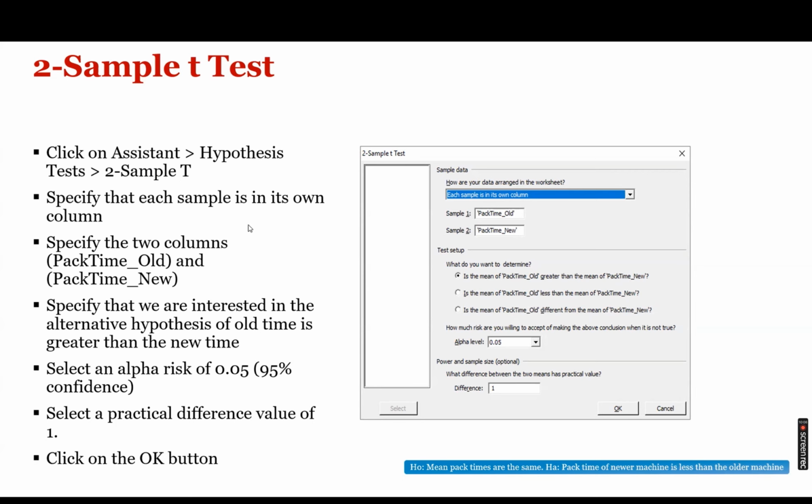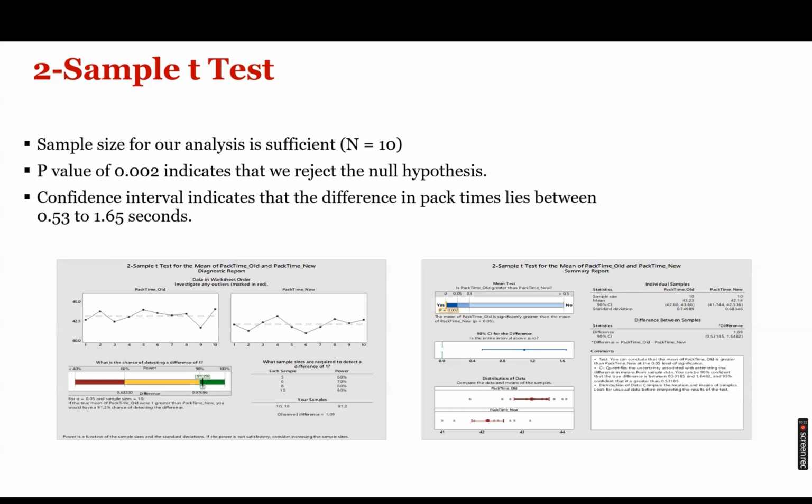So what was the first step? Identify the null hypothesis. My null hypothesis will be that the new machine does not pack faster than the old machine. Then we do the appropriate testing, that is two sample t. Then we get a p-value. What is the p-value that we have? Step number three, we got a p-value.